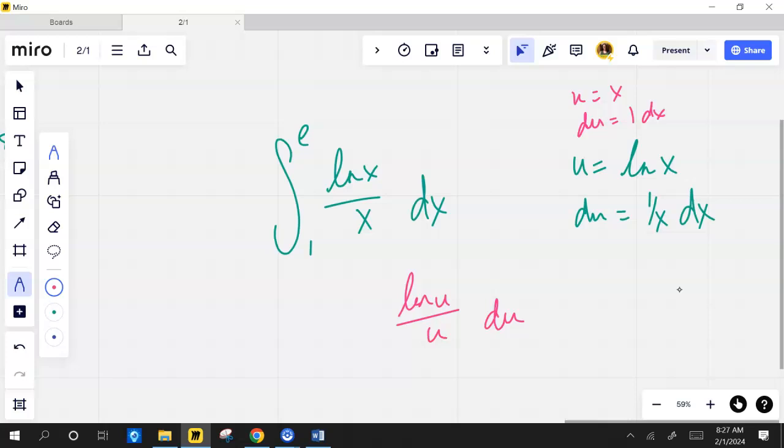I'm stuck. So I'd go back and say, what if I made the other one the u? Would I have enough to rewrite it and evaluate it? If that's the case, then yes, because now I just have the integral from 1 to e of u du.